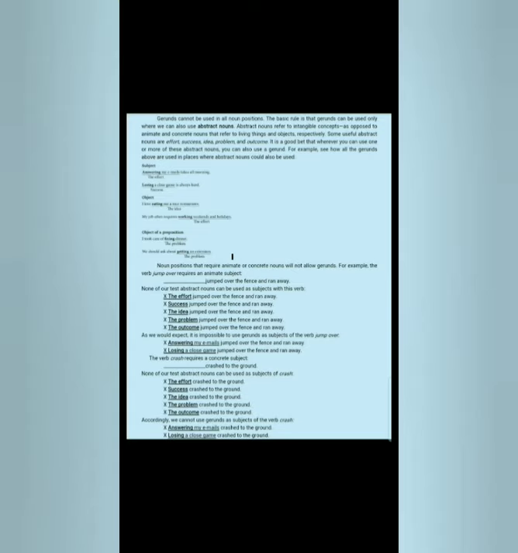X. The idea crashed to the ground. X. The problem crashed to the ground. X. The outcome crashed to the ground. Accordingly, we cannot use gerunds as subject of the verb crash. X. Answering my email crashed to the ground. X. Losing a close game crashed to the ground.